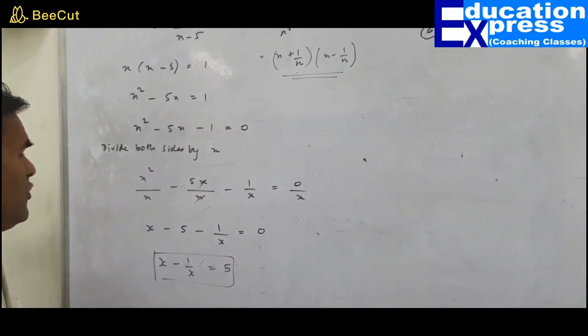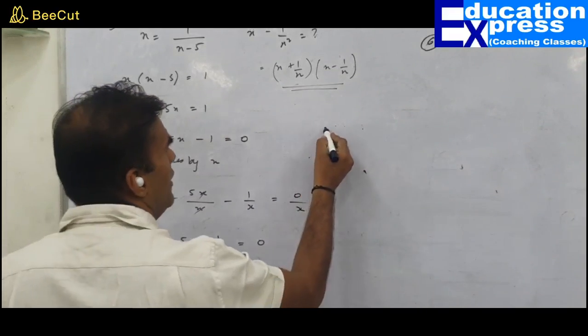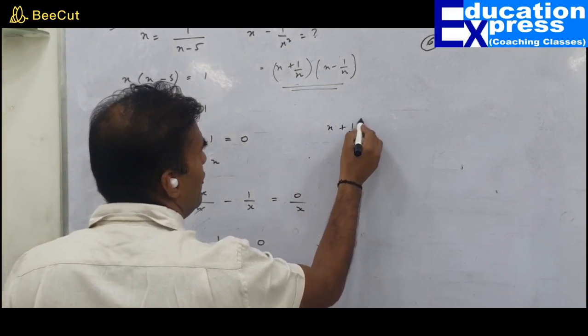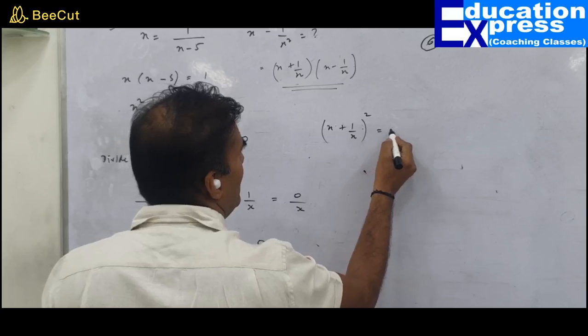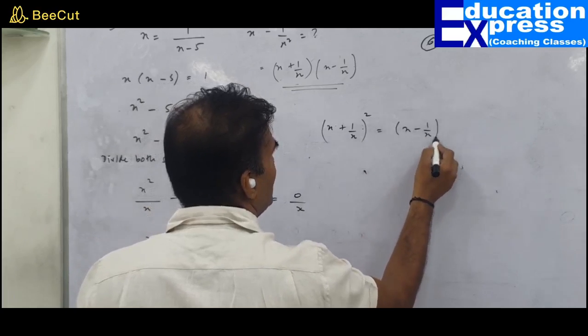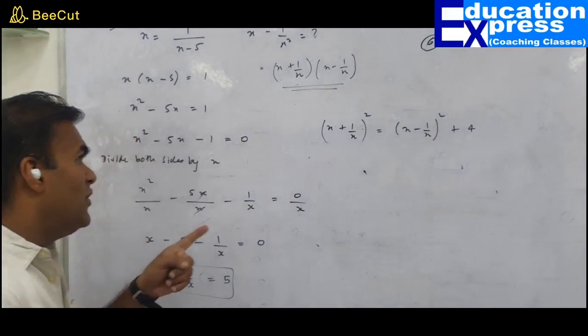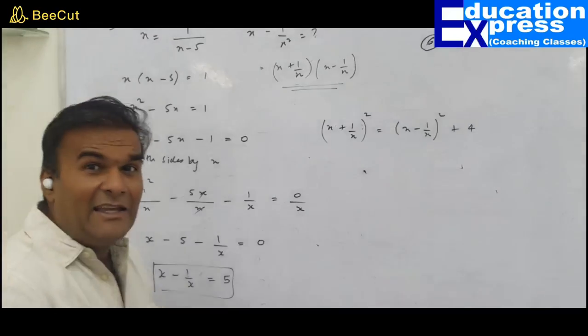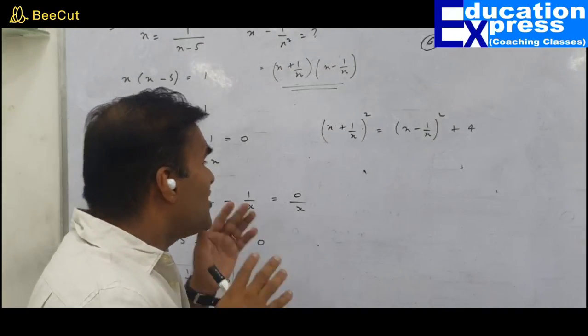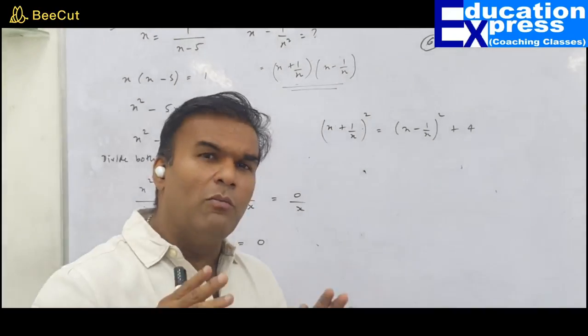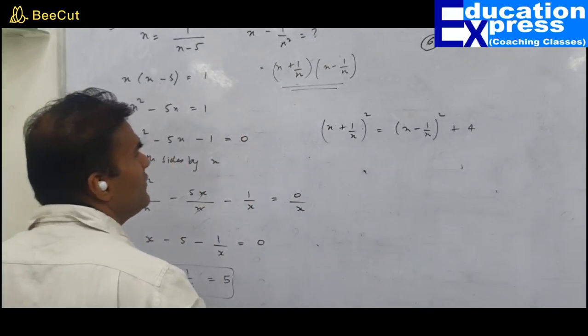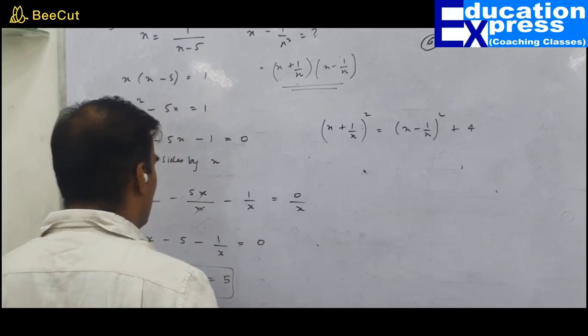I hope from here on you remember the linking formula, which states that (x plus 1 upon x) the whole square is (x minus 1 upon x) the whole square plus 4. I told you also, this formula is important, extremely important, and will be used in most of the sums. You must know this formula properly and its application as well.